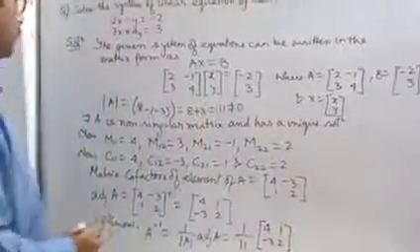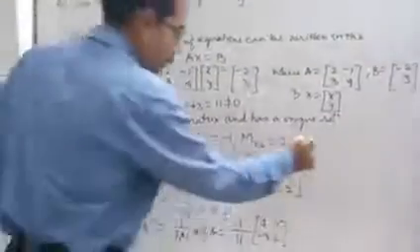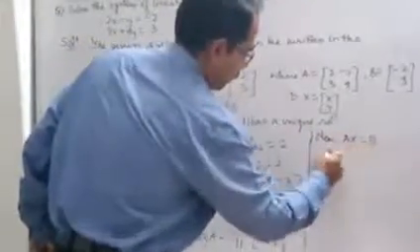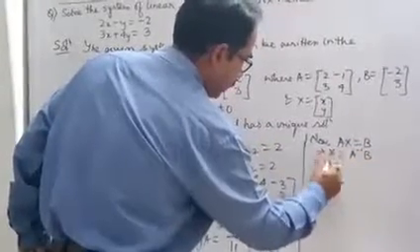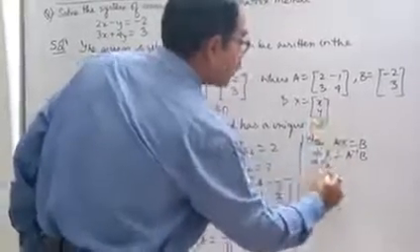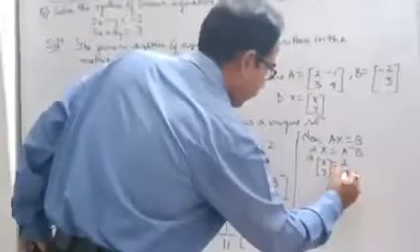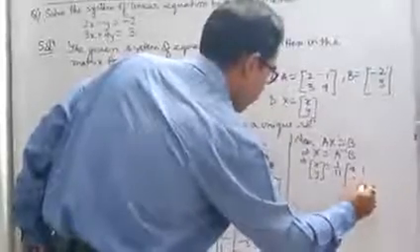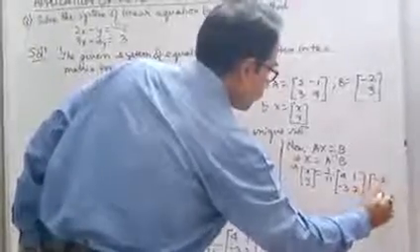Now whatever the relation you have taken earlier, that is Ax equal to B, by using the same relation I am doing it over here. Ax equal to B, so obviously x will be A inverse B. So x and y here, and A inverse you have just calculated as 1 by 11 times [4 1; -3 2], and B is [-2; 3].